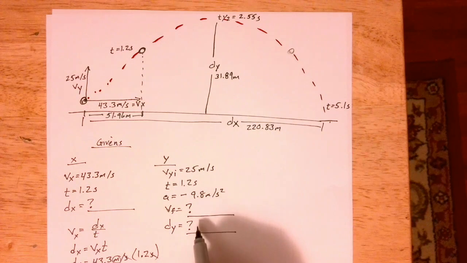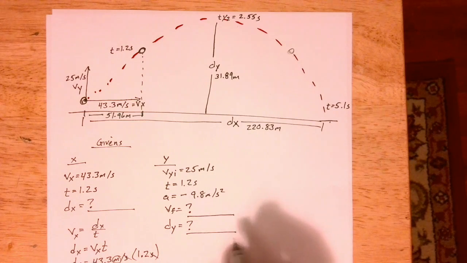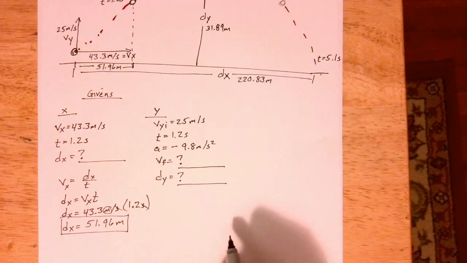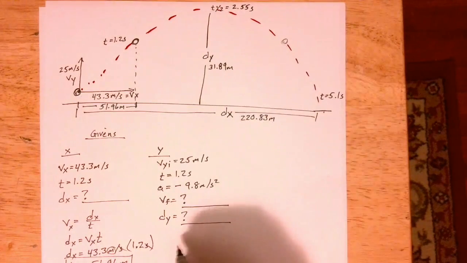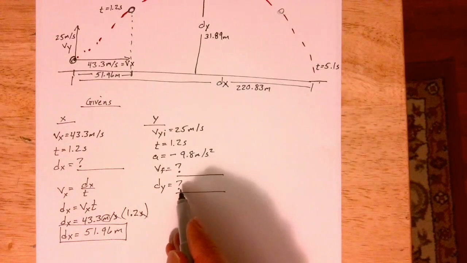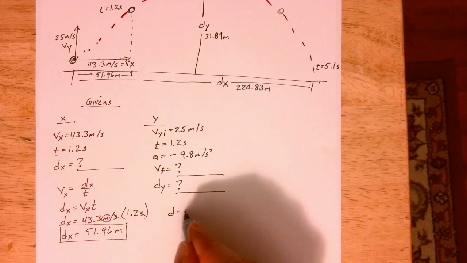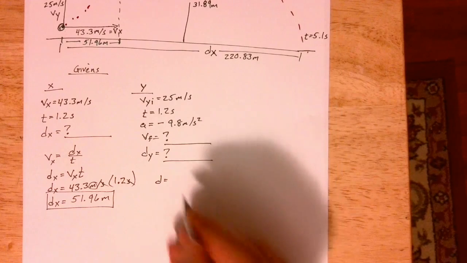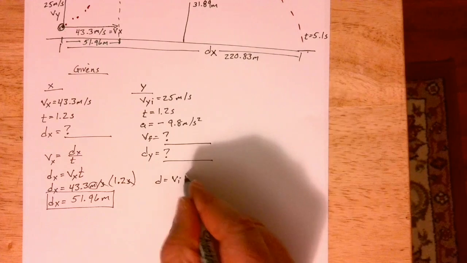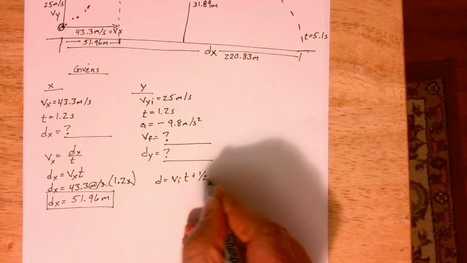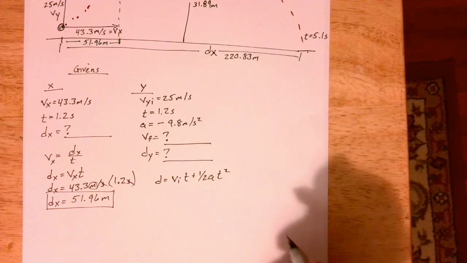And so what you're going to do is use your basic acceleration formulas that you've already been using many times before. So let's go ahead and solve for the distance. How high would this go up? The one equation that we can use to solve for the distance in the y direction is d is equal to VIT plus 1/2 AT squared.